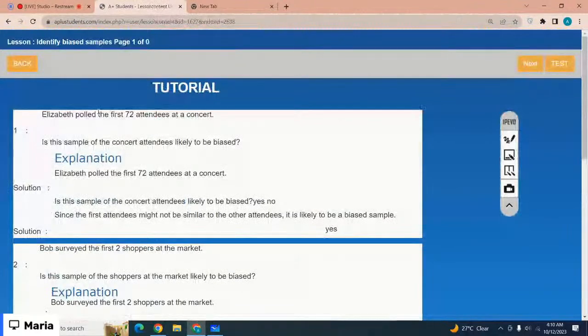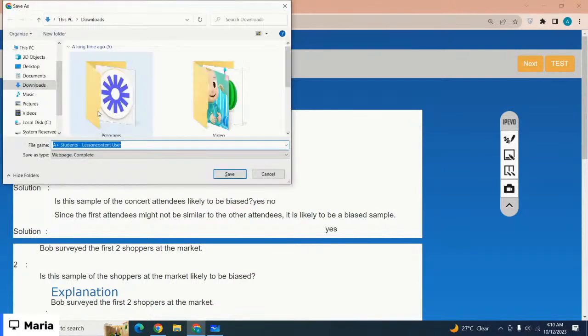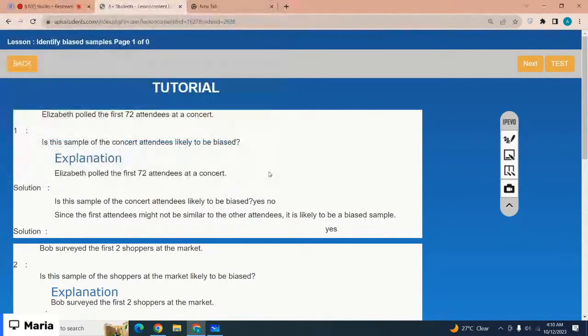Is this sample of the concert attendees likely to be biased? She just selected 72 attendees. Since the first attendees might not be similar to the other attendees, it is likely to be a biased sample.